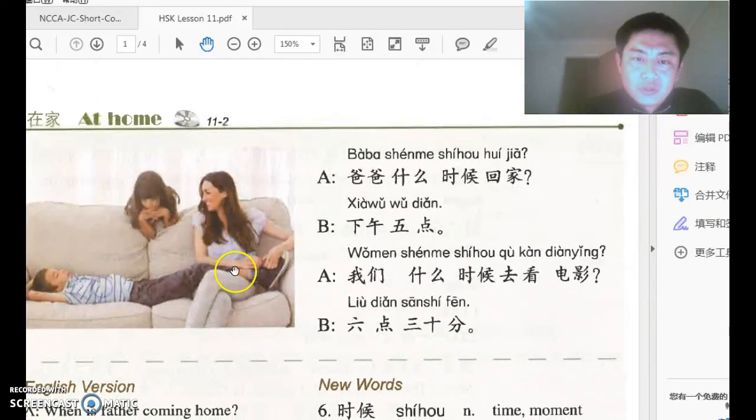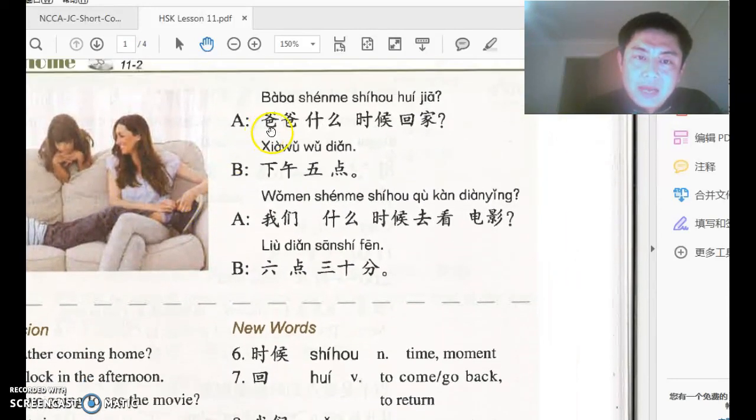In conversation number two, A says 爸爸什么时候回家? Literally, 什么时候 means what time, but it's not what time in English. It's when in English. The word for what time in Chinese is 几点. Think about the difference between what time and when. What time is more specific, asking for a specific clock time.